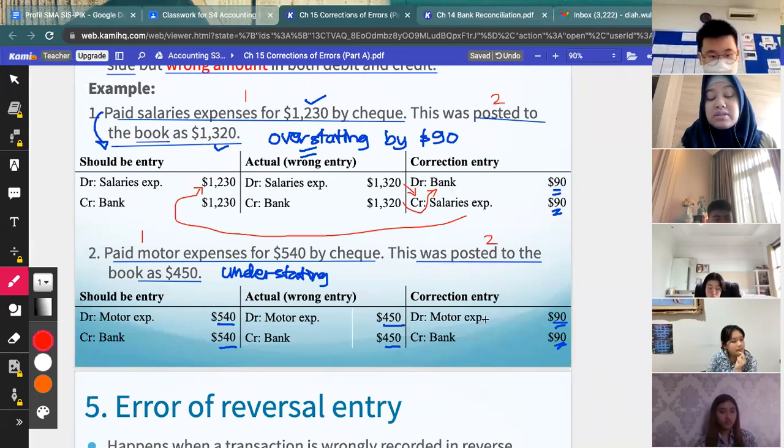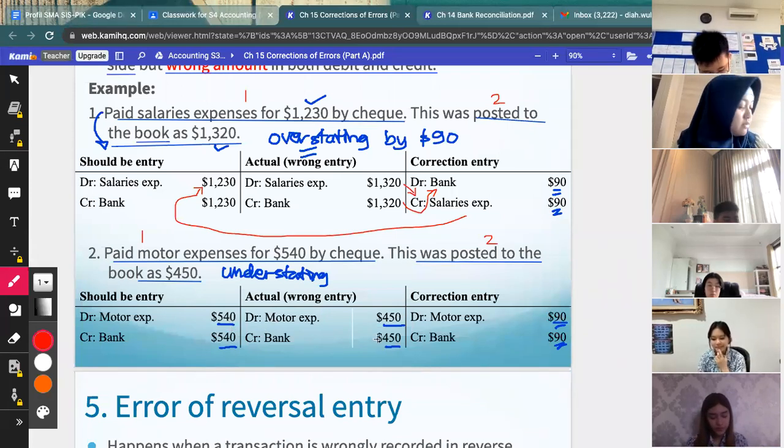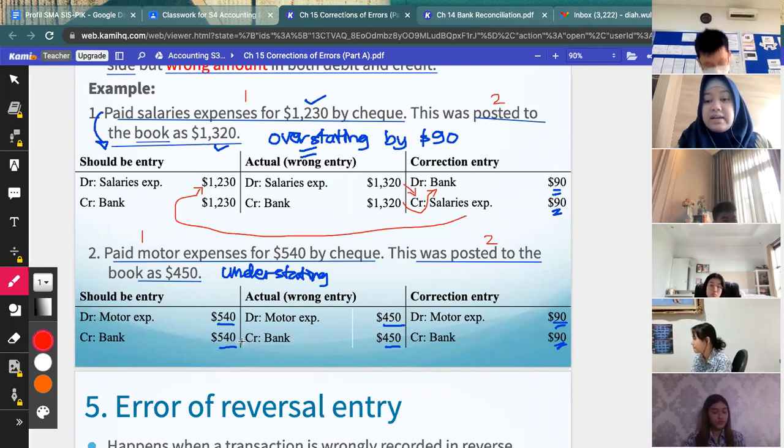So you put motor expenses again in the debit side and put 90. So the correction plus the actual, 450 plus 90, equals 540. Same goes to the bank. 90 plus 450 equals 540. Okay. Clear enough?